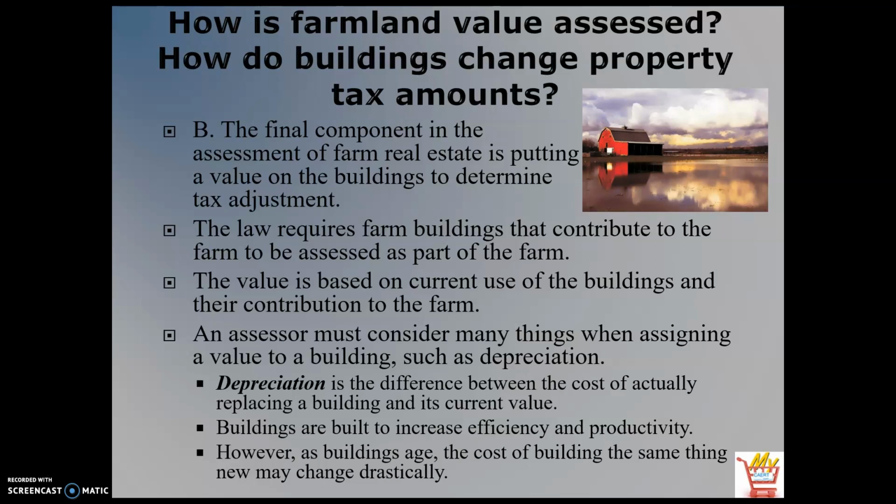No, absolutely not. Property and buildings are actually very, very slow in terms of depreciation compared to other assets, but they do depreciate. So you have to take that into account. What you have to consider is the value of that building in its current state, and then the cost of actually replacing that building.